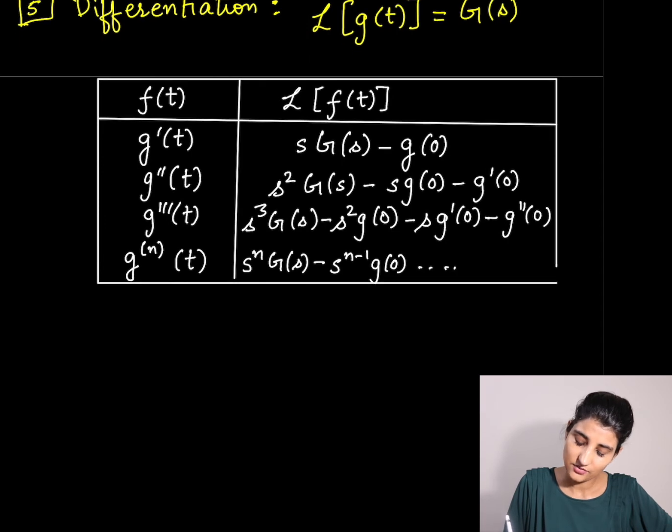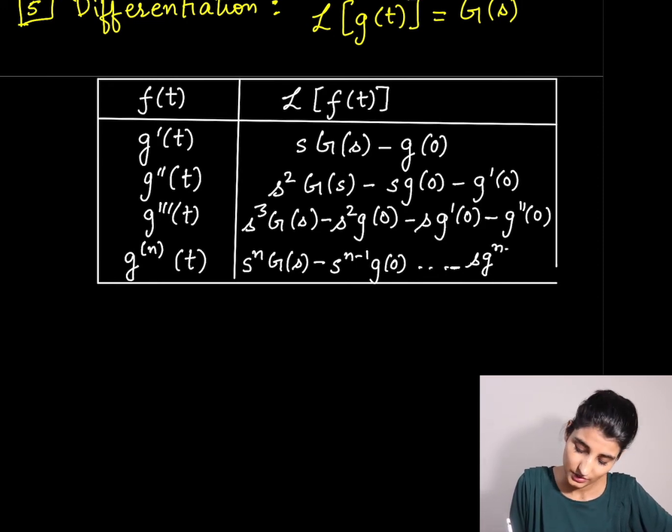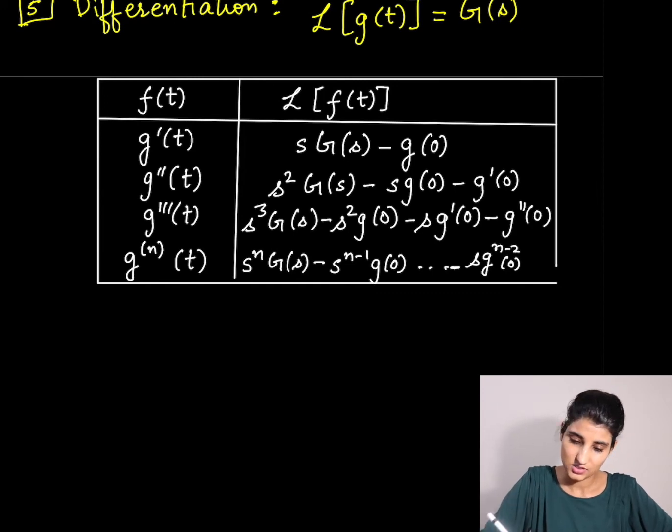The second last term is going to be s times the n minus 2 derivative at 0, and the last term is g's n minus 1th derivative at point 0.